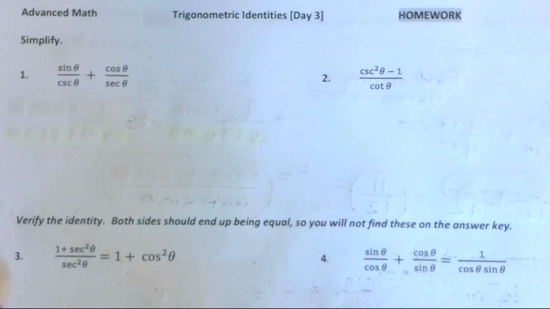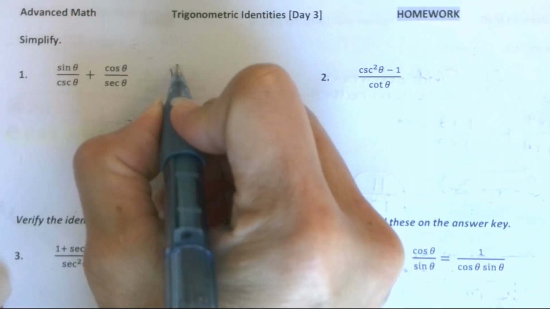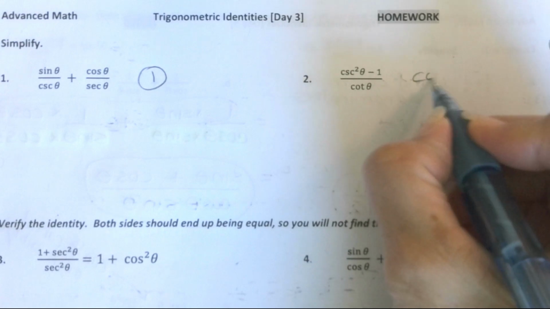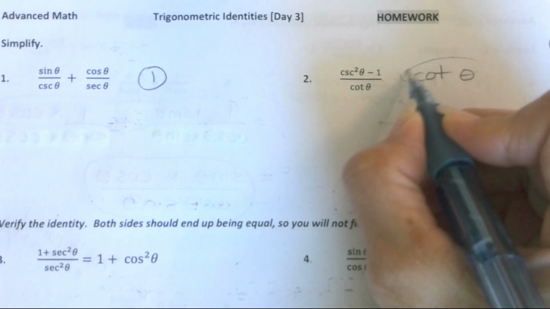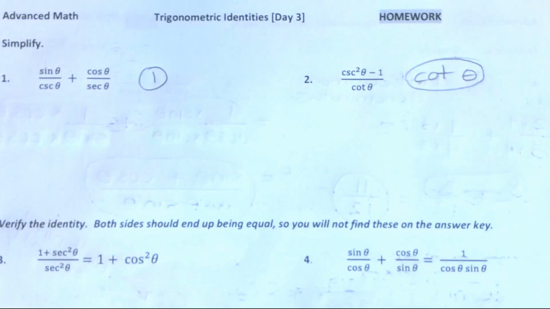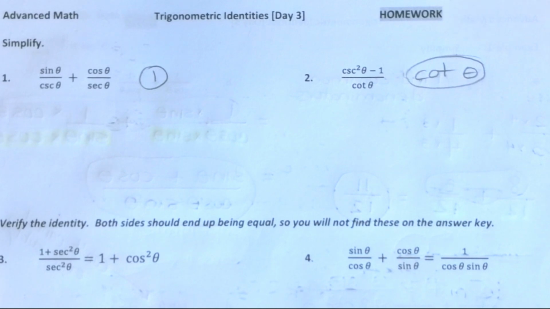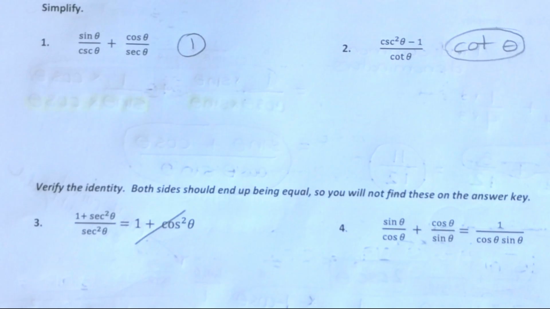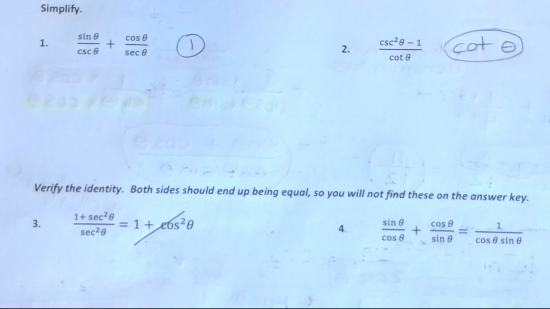For number 1, the answer is going to be a 1. And the answer for number 2 is going to be cotangent theta. So just do the work to end up with those answers. And like in problem number 3, you ignore one side and you work on the other side.